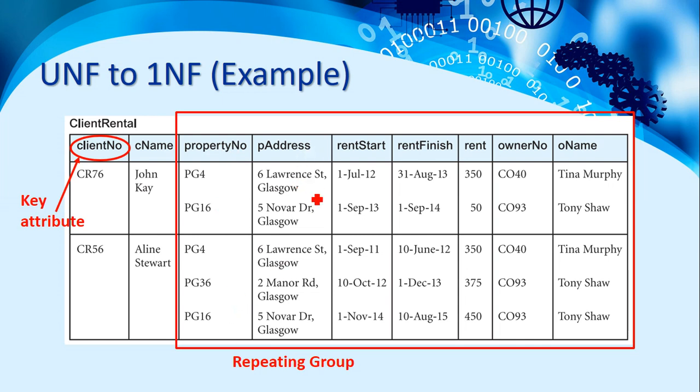The property address has two values, and here, for Alan Stewart, there are three. It is also important to identify the primary key attribute of this unnormalized table. In this case, our primary key is the client number. It could also be the client name, but usually the primary key is a number or an ID, which is why client number was chosen.